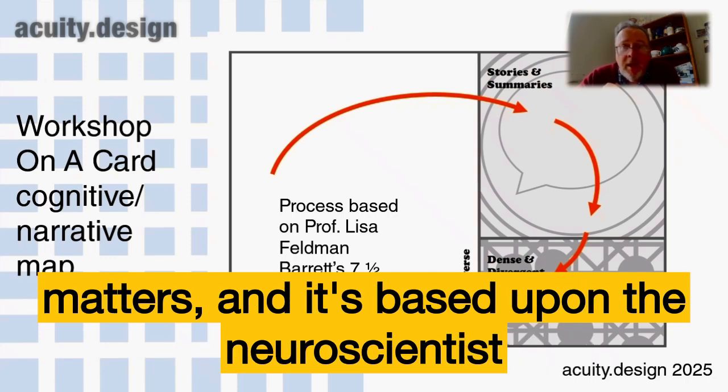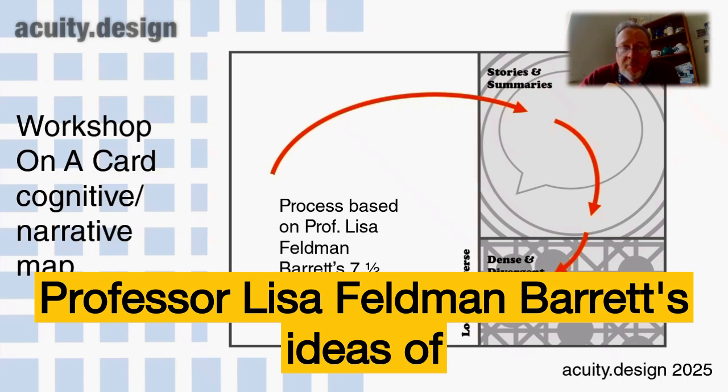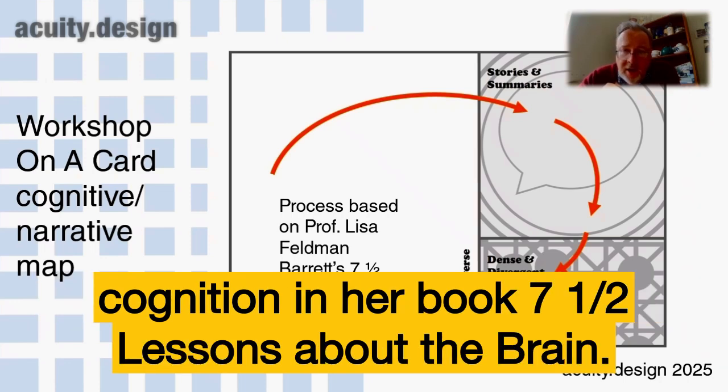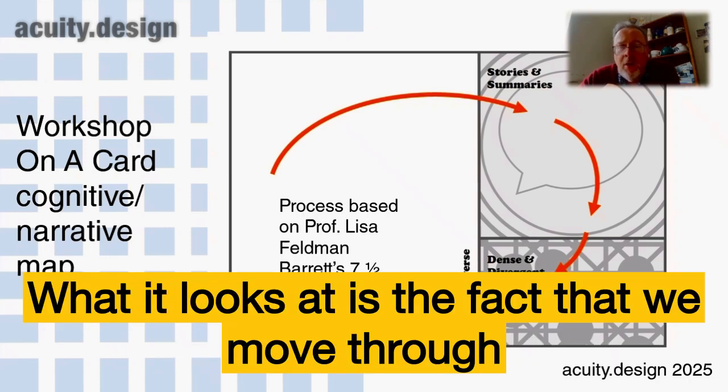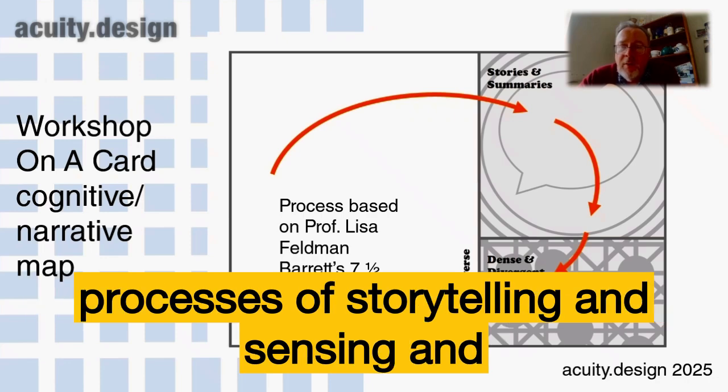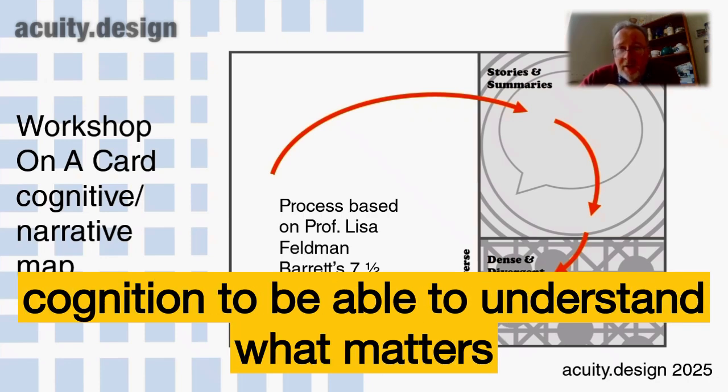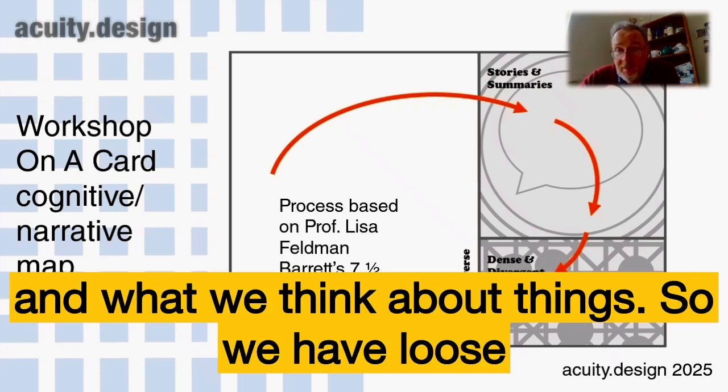And it's based upon the neuroscientist Professor Lisa Feldman Barrett's ideas of cognition in her book 7.5 Lessons About the Brain. What it looks at is the fact that we move through processes of storytelling and sensing and cognition to be able to understand what matters and what we think about things.